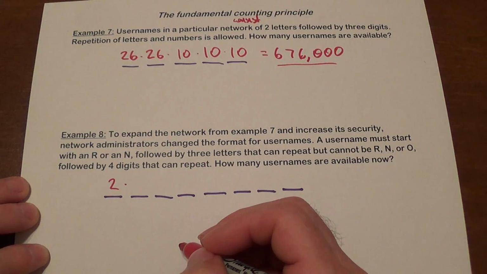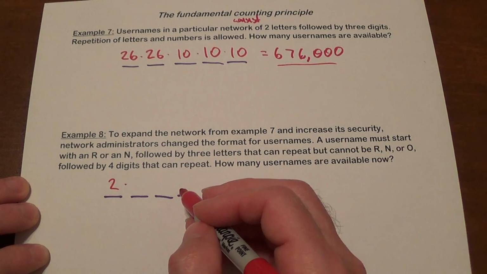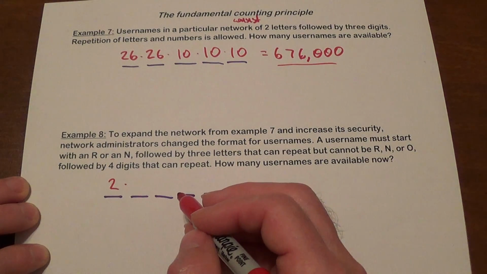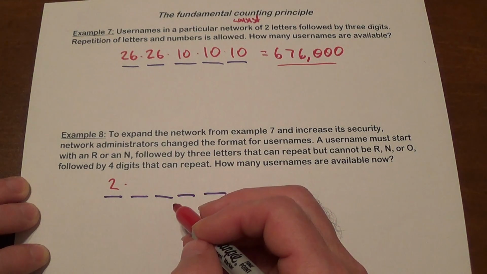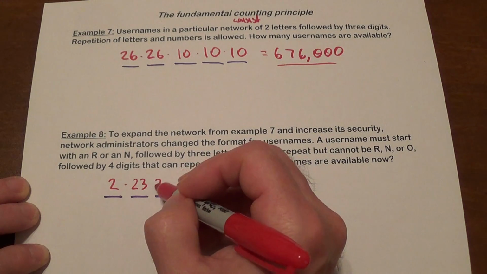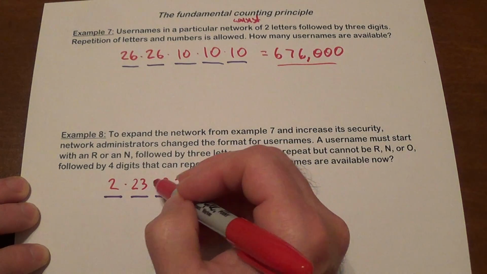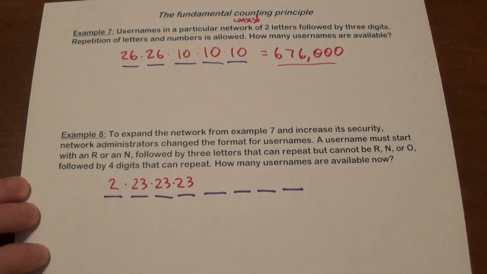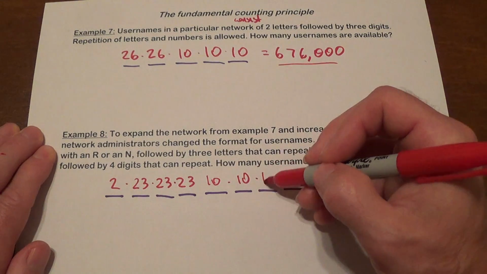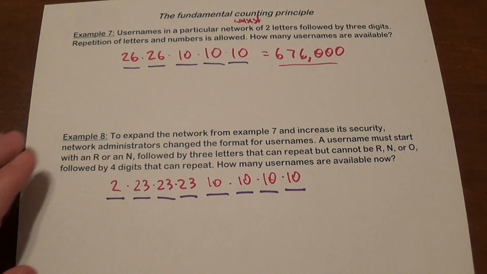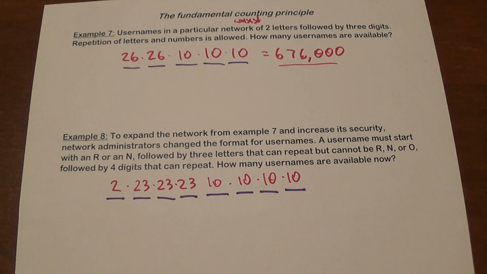For the second, third and fourth letter you can use any letter with repetition allowed, but you cannot use R, N, or O. That's going to leave you with only 23 choices. And then followed by 4 digits that can repeat, so it's going to be 10 times 10 times 10 times 10. So multiply 2 by 23 by 23 by 23 by 10 by 10 by 10 by 10.